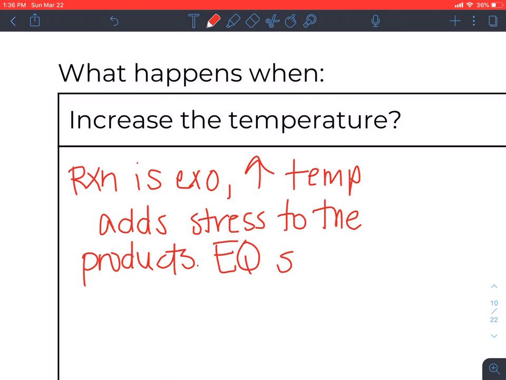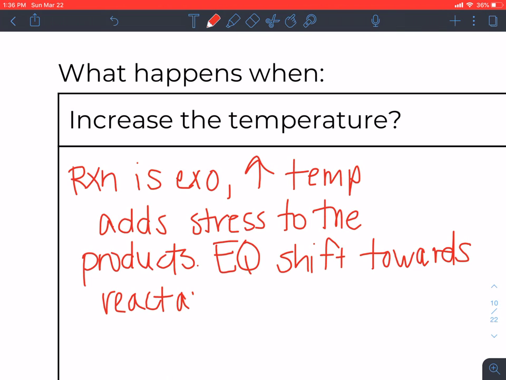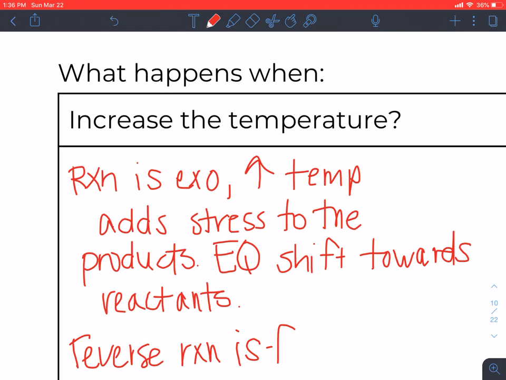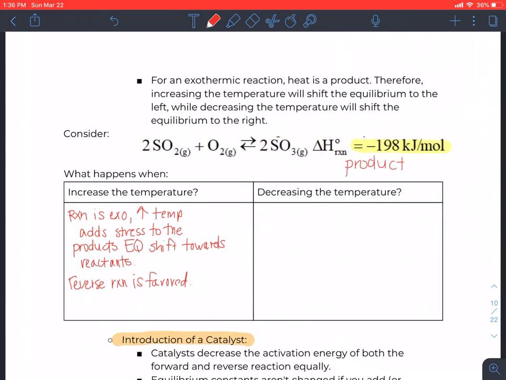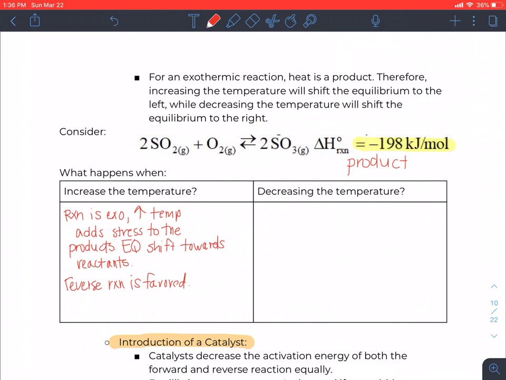Equilibrium will shift towards the reactants. Reverse reaction is favored. And in writing all that, I'm just trying to give you an arsenal of different phrases that you can use.